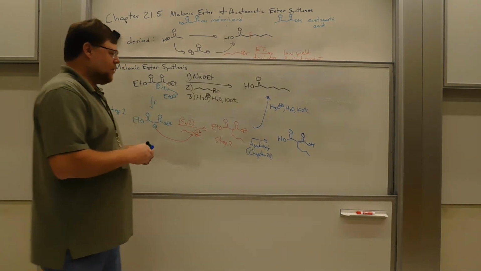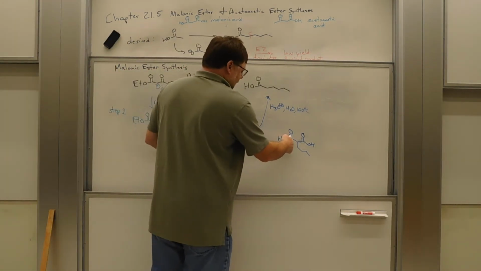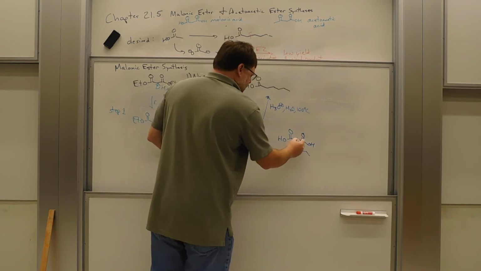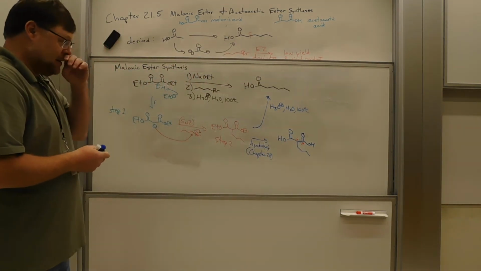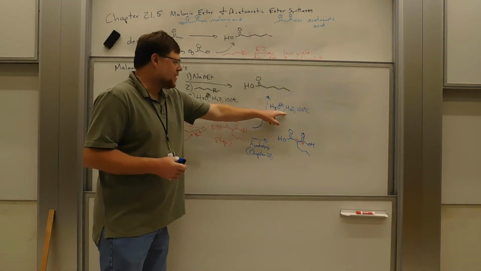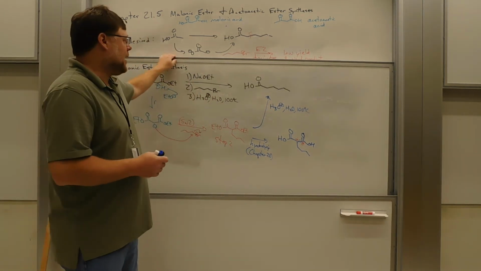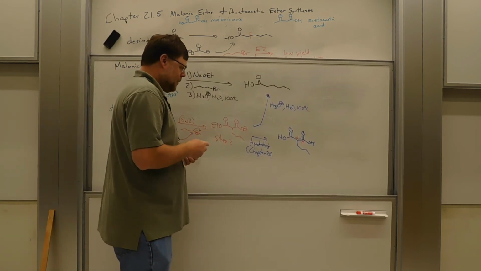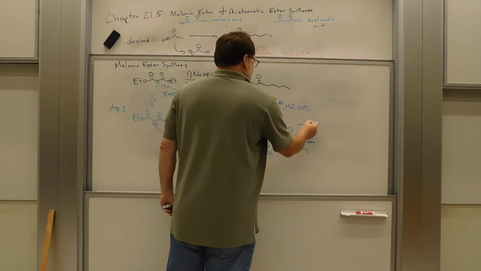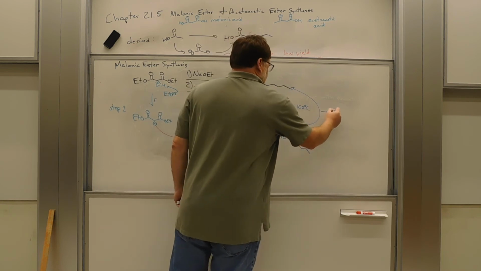One of them is going to stick around. If we say this is the acid we want, and this is the alpha position, and that's the beta position. So that is a beta keto acid. And under refluxing conditions, if you go back and look at the last video about decarboxylation of beta keto acids, you're going to lose CO2 out of this.